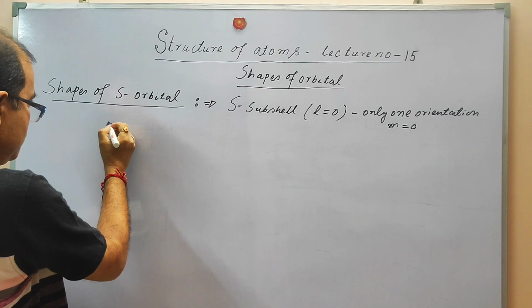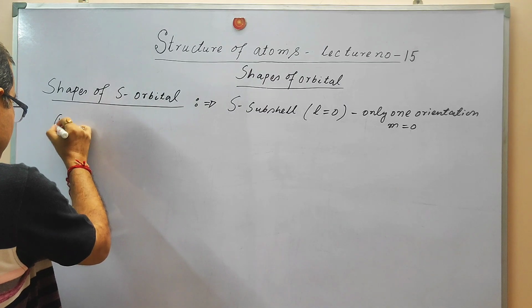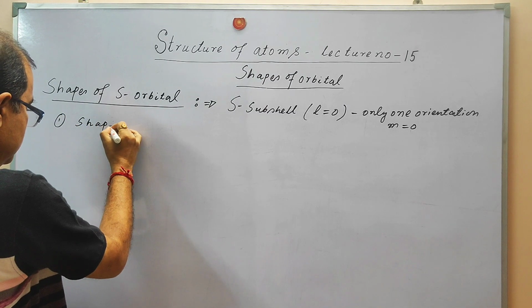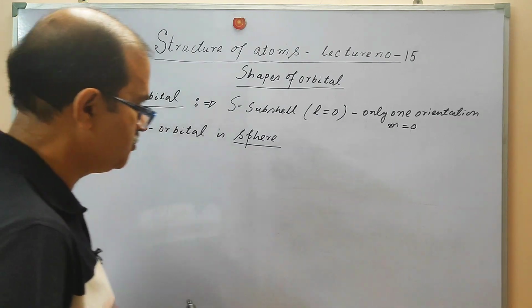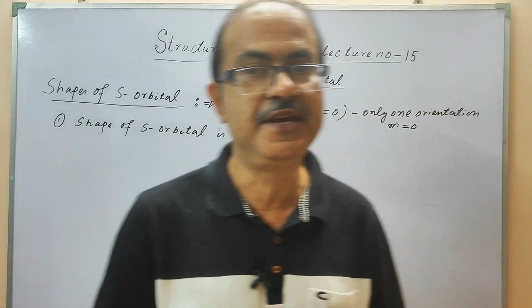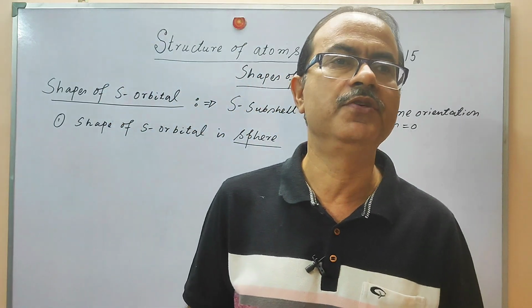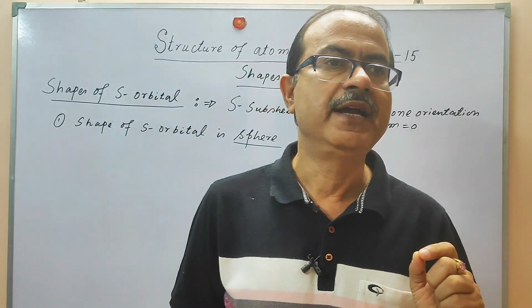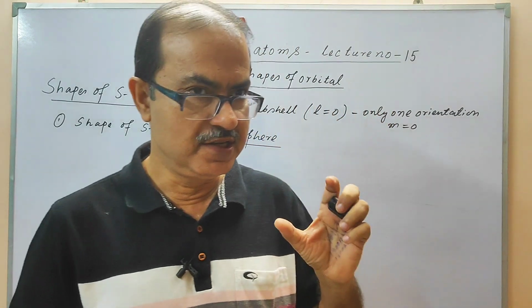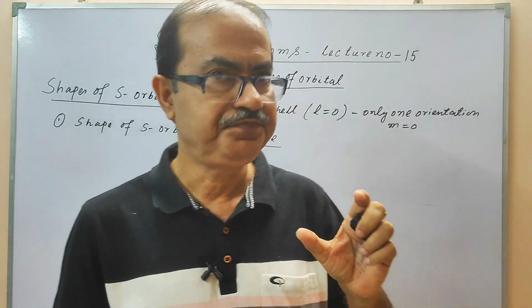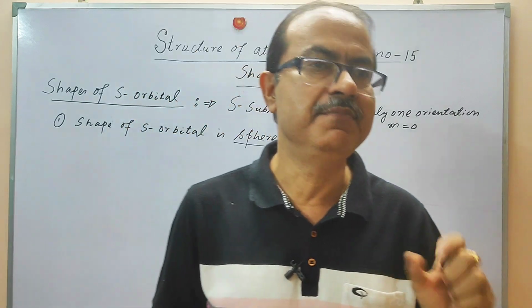The shape of the s orbital is a sphere because its surface boundary diagram is spherical. The center of the sphere is the nucleus. So we can see that this surface boundary diagram is spherically symmetric.